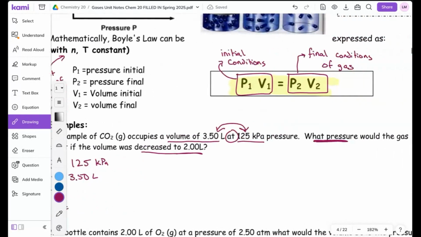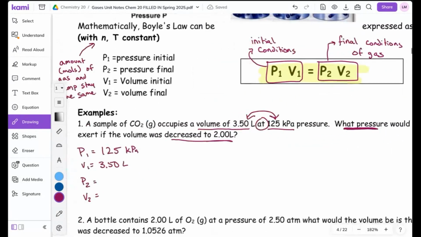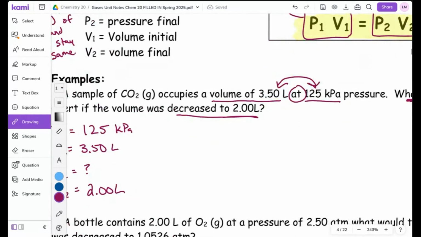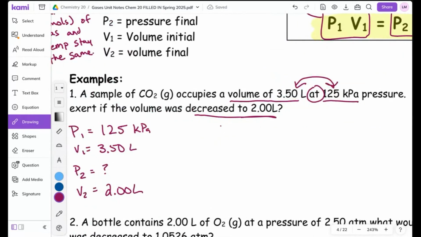Now, since the question asks what pressure, that means our final pressure, we have no clue what it is. But our final volume, it says, was decreased to 2 liters. So let's start out by writing our formula and then plugging in our numbers.